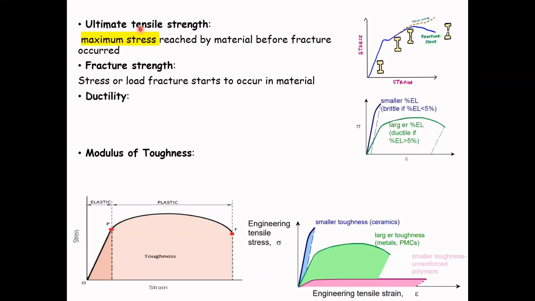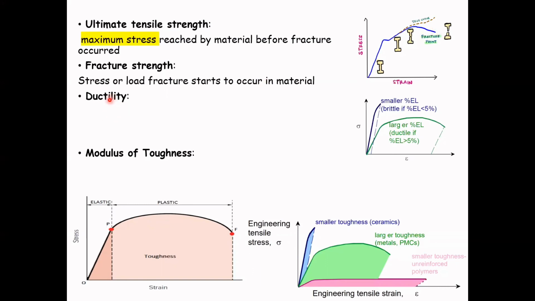Ductile materials have a fracture strength lower than the ultimate tensile strength, or UTS, whereas in brittle materials the fracture strength is equivalent to the ultimate tensile strength. So as we can see in the figure here, this is the point where the material will experience fracture.